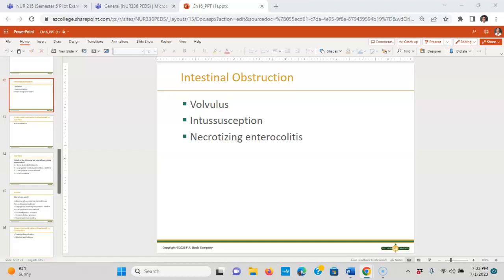Their belly's blowing up because they have a necrotic intestine. So you're looking for a tense, distended abdomen. If they have a distended abdomen, where do you think that's going? It's pushing up on their little lungs, and they're not going to be able to breathe.